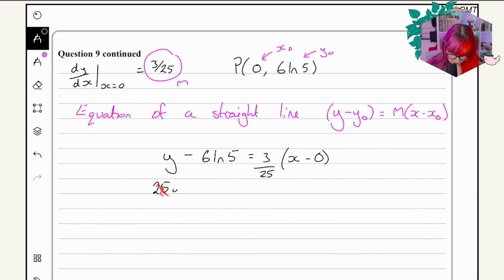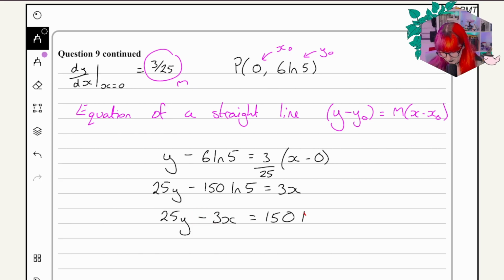So we get 25y minus 25 times 6, which is 150, ln 5 is equal to 3x, and then the 3 times 0 goes to 0. So it's not too bad. So that leaves us with, remember, we want the ln 5 on the other side. So 25y minus 3x is equal to 150 ln 5. So that's the equation of the tangent of the curve C as it crosses the x-axis, y-axis even.